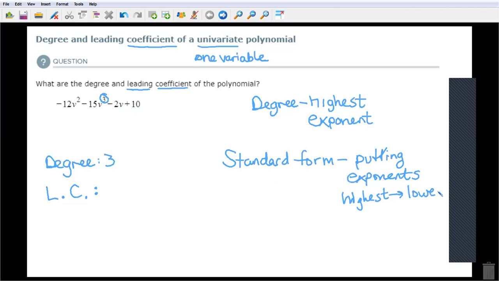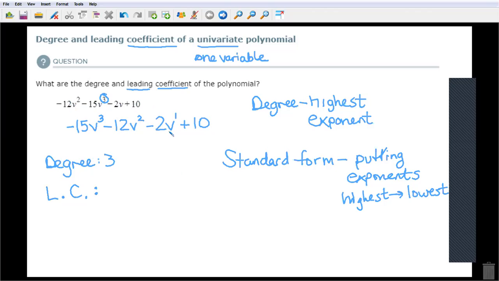And to put it in standard form, you're going to take your highest exponent first, which in this case would be the 3. So your first term would be -15v to the third. Your second term would be -12v squared. Your third term would be -2v. And your last term would be your constant, which is just 10.